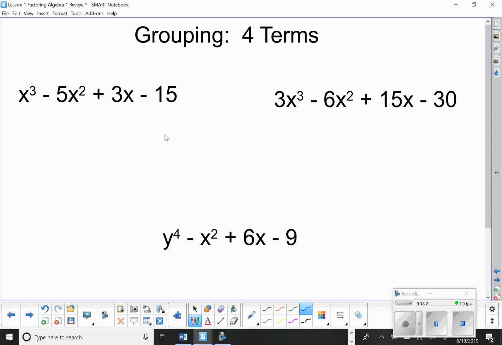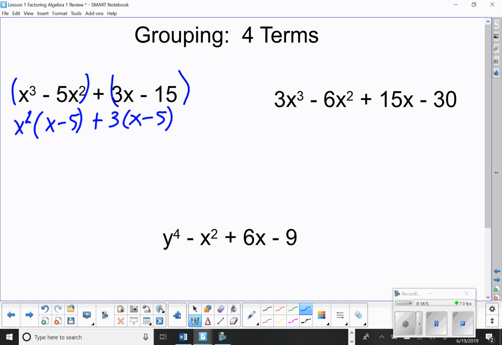So if we do this, I'll group the first 2 and the second 2. Then I'm going to do greatest common factor twice. Here I can get an x squared out, and that leaves me with x minus 5. This plus comes down, I can get a 3 out, and that leaves me with x minus 5.